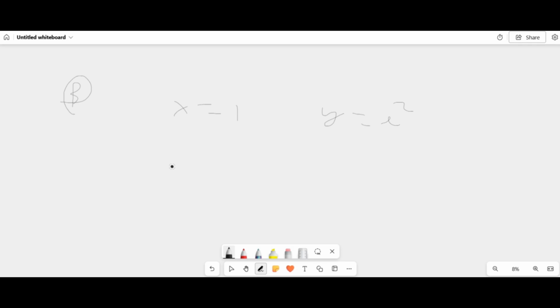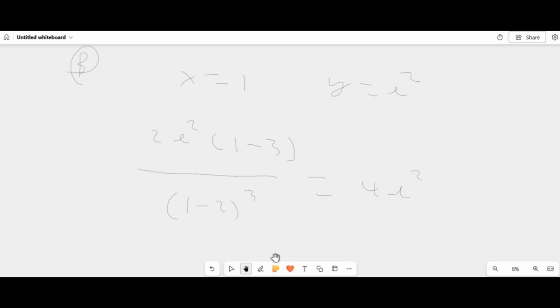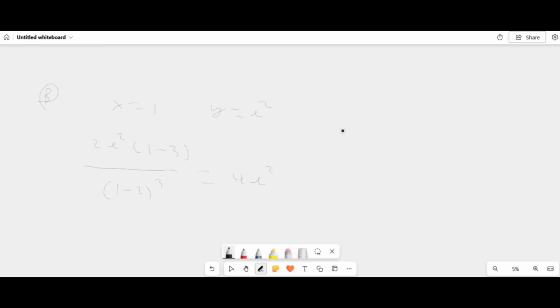And put x equals 1 into the dy equation, so that's going to be e squared to find the gradient, 1 minus 3, because it's x minus 3, over x minus 2 squared, so that's 1 minus 2 cubed, I mean. Alright, cool. Put that into there, you get 4e squared, yeah. Now y equals mx plus c, so I'm assuming we've got a tangent here, so y is equal to mx plus c, so 4e squared x plus c.